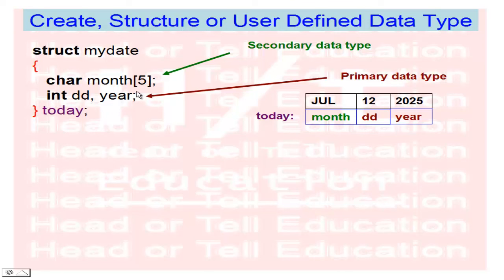This is a user defined data type, because my data type is not available in the standard data types. This is a custom data type, called a user defined data type. My variable name is today. In month I have assigned JUL, date 12 and year 2025. So this is the data structure.